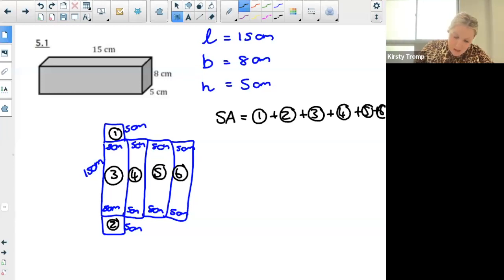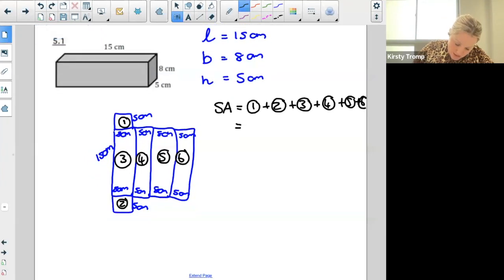For number 1, to get the area of number 1, what have I got to say? 5 times by 8 plus. If I'm looking at number 2, to get the area of number 2, what have I got to say? 5 times by 8.